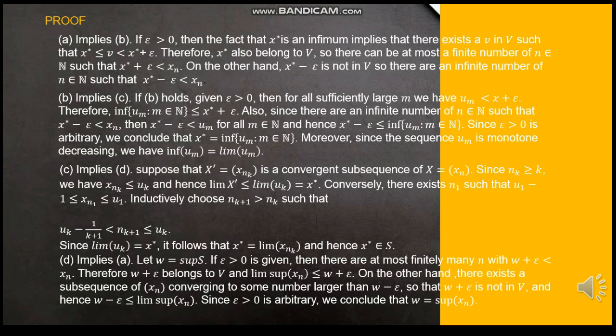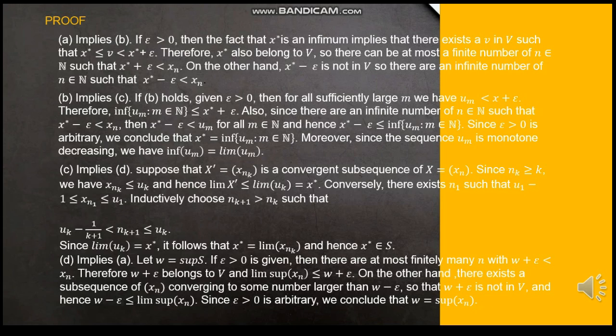Conversely, there exists n1 such that u1 minus 1 less than or equals xn1 less than or equals u1. Inductively, choose nk plus 1 greater than nk such that xnk plus 1 greater than uk plus 1 minus 1 over k plus 1 and xnk plus 1 less than or equals uk plus 1. Since limit uk equals x star, it follows that x star equals limit xnk, and hence x star element S.